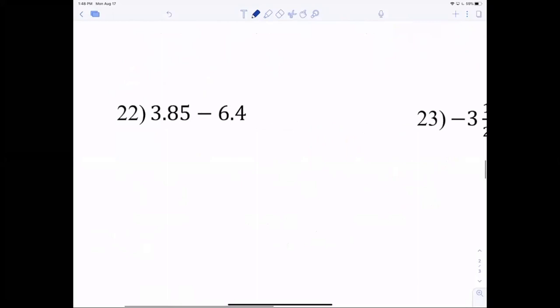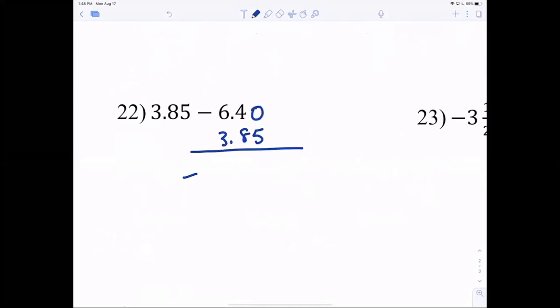All right, 22. All right, Lexi, tell me. If we line up our decimals, you agree with that? Now, our answer is definitely going to be negative.